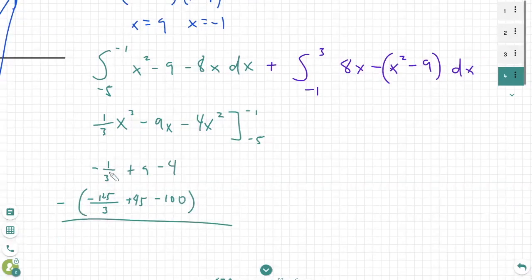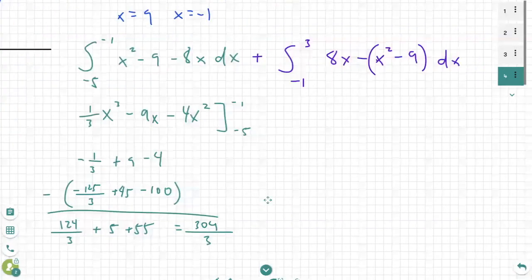So -1/3, it's going to be plus. That's going to be 124 thirds. I got a total of 304 over 3. Yeah, 304 over 3. Okay, that should be it for that.